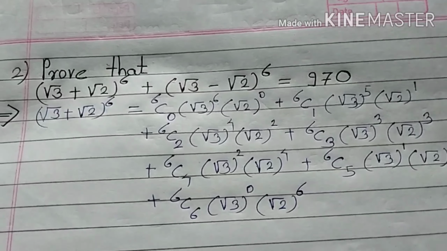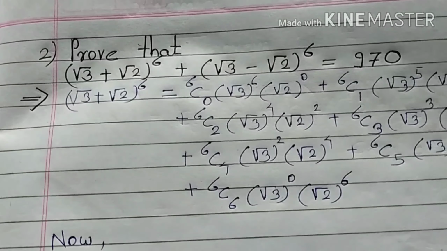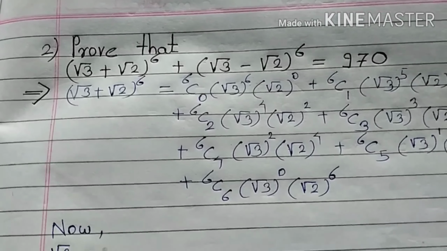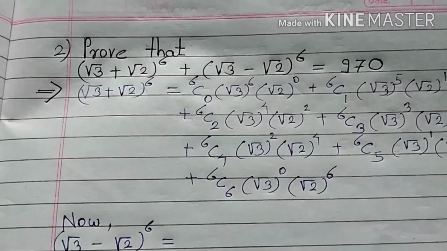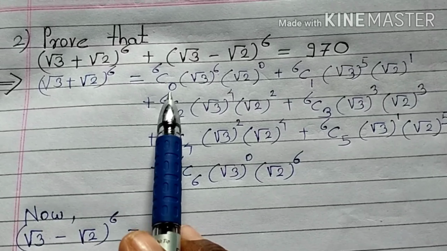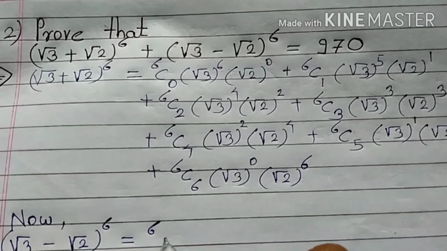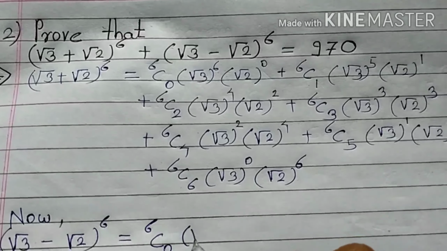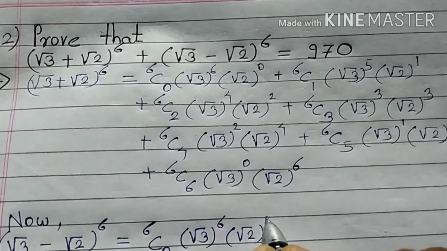Now we find the expansion of (√3 − √2)^6. We know that the formula will become the same but the signs alternate. So same 6C0 (√3)^6 (√2)^0.